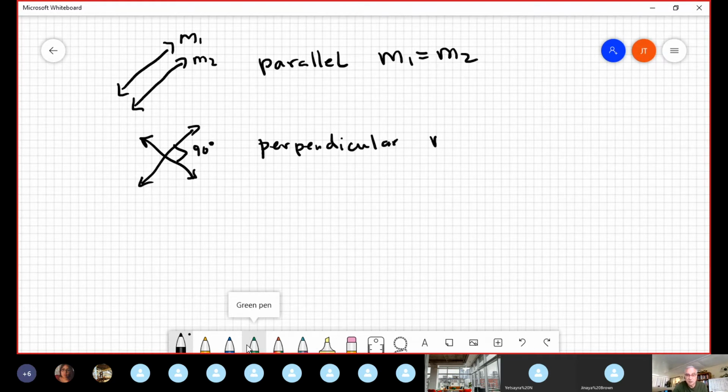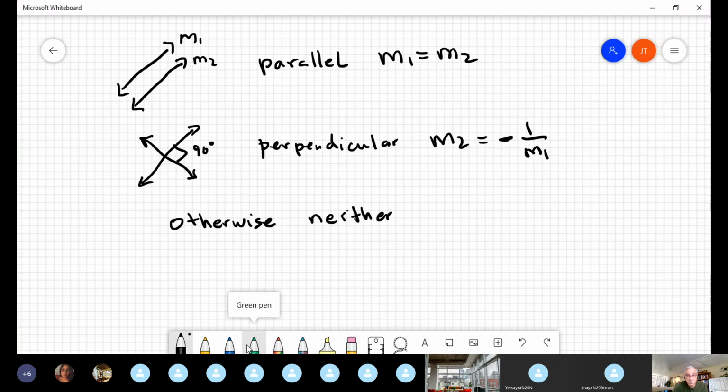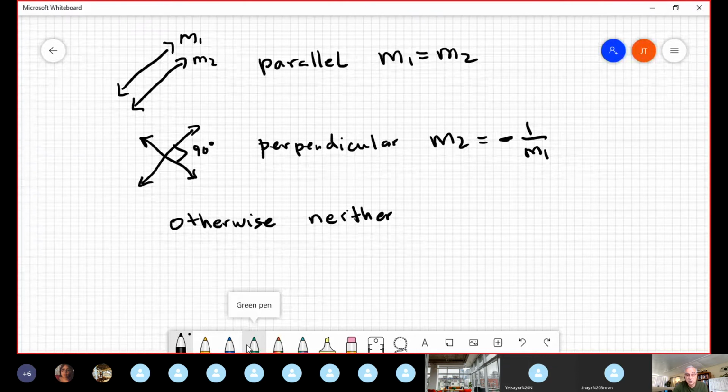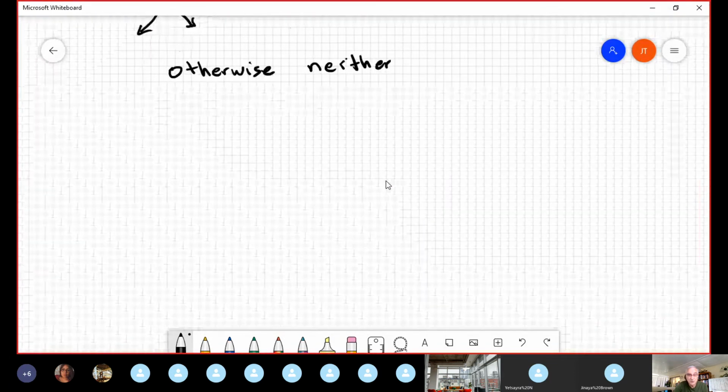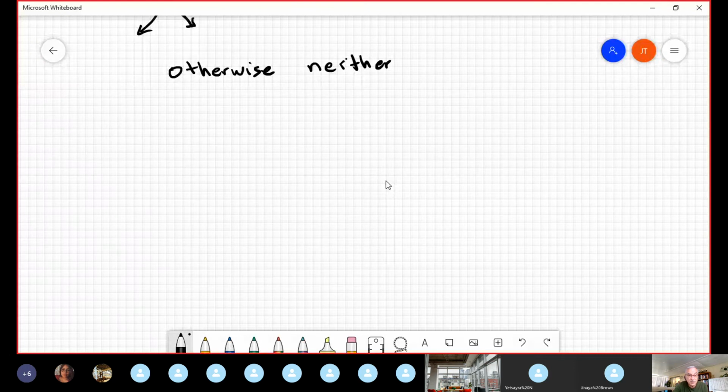The relationship between the slopes is m2 equals negative 1 over m1, so reciprocal and opposite. Otherwise, it's called neither, whatever you want to call it, so there is no special relationship. Two special cases: one parallel, two perpendicular. Any other case is considered neither. So, in example 46, we have two equations.